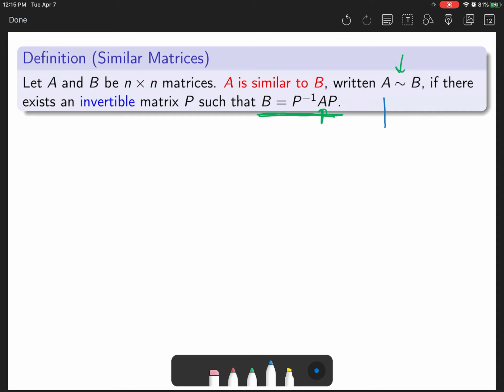The process went something like, we were given a line y equals mx, and let's say our P matrix was like the rotation matrix. We were trying to reflect a point across the line y equals mx.